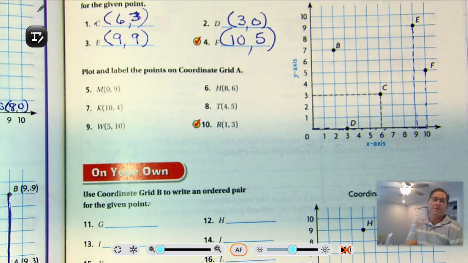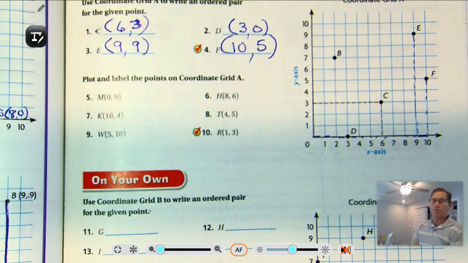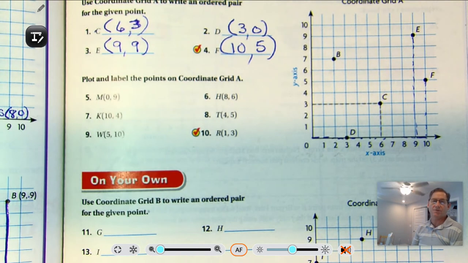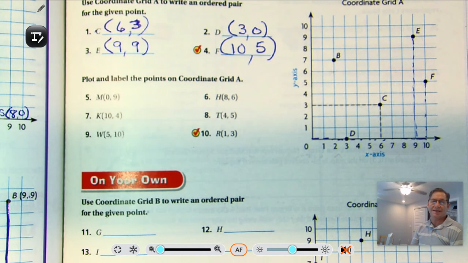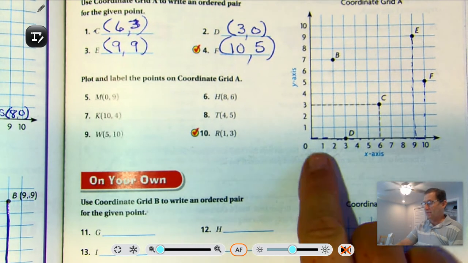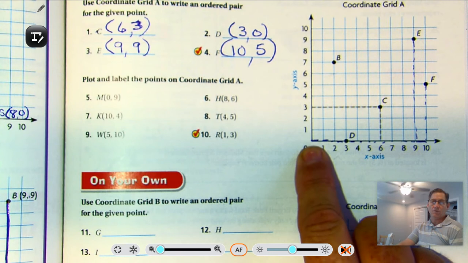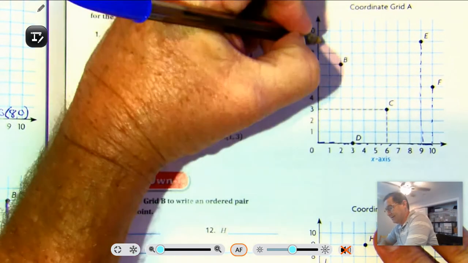All right, now how about plot and label the points? So we're going to add some points to this grid. We need to find point M, which is at 0, 9. So go to the right 0 and up 9.